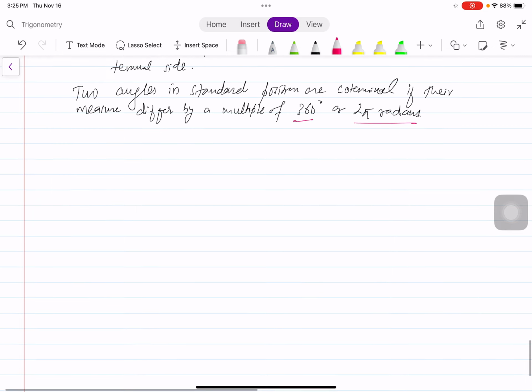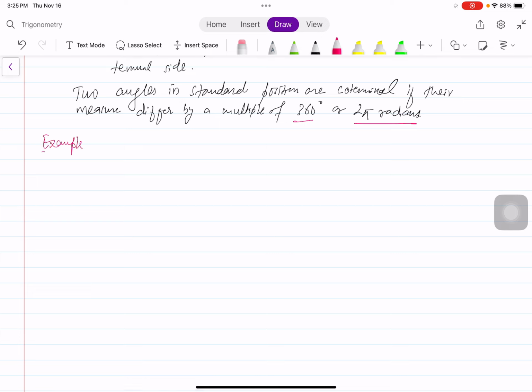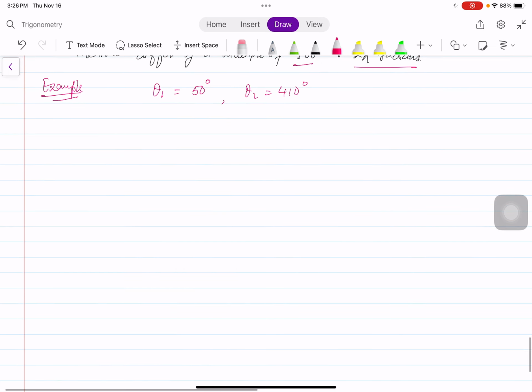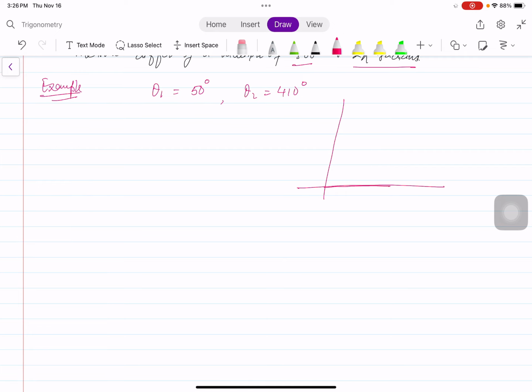So for example, let's say theta 1 equals 50 degrees and theta 2 equals 410 degrees. If we look at these two angles figuratively, first of all we have to draw them in standard position.